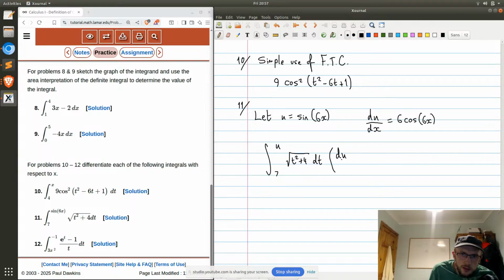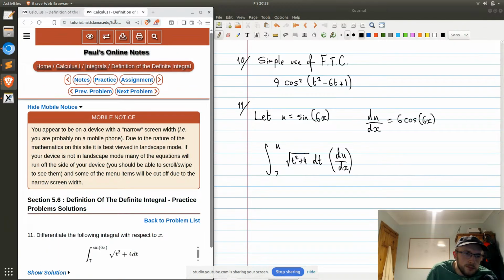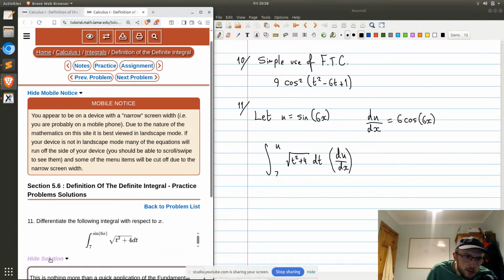Don't you do this? Or is that wrong? Just a little bit of the solution.